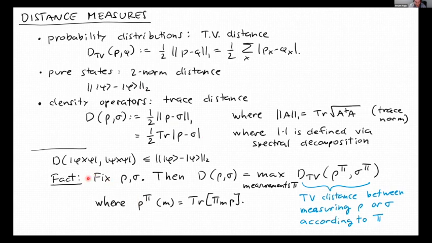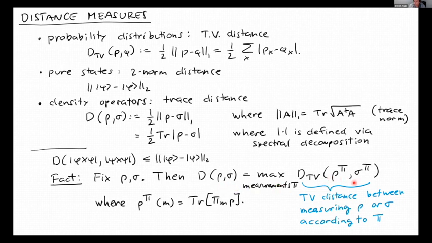And this is another very important takeaway fact that you should try to understand if you haven't seen it before. It says, in a certain sense, that trace distance is the right measure for distinguishability of quantum states.